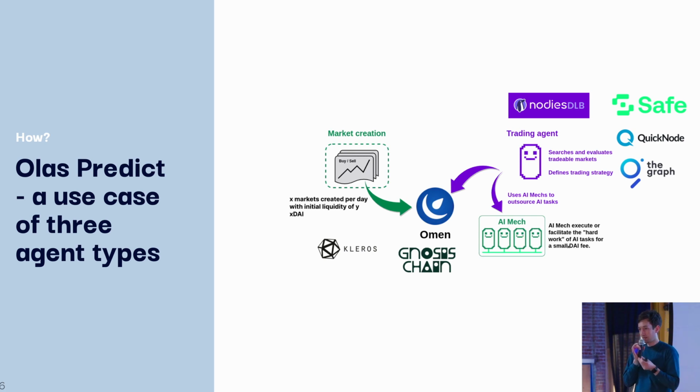And we found that by separating these things, not only is it easier for the developers to build into one of those paradigms, which are different, like optimizing your trading strategy versus optimizing research, it also makes it easier for operators, because an operator, i.e. a person who runs one of those agents, can more easily focus on running an agent which just trades, which means I have to provide capital, versus an agent which does research, which means I might either have to have a bunch of API keys, maybe to some centralized model, or I have to run some of those local open source models, which is a very different kind of requirement from an operator perspective.